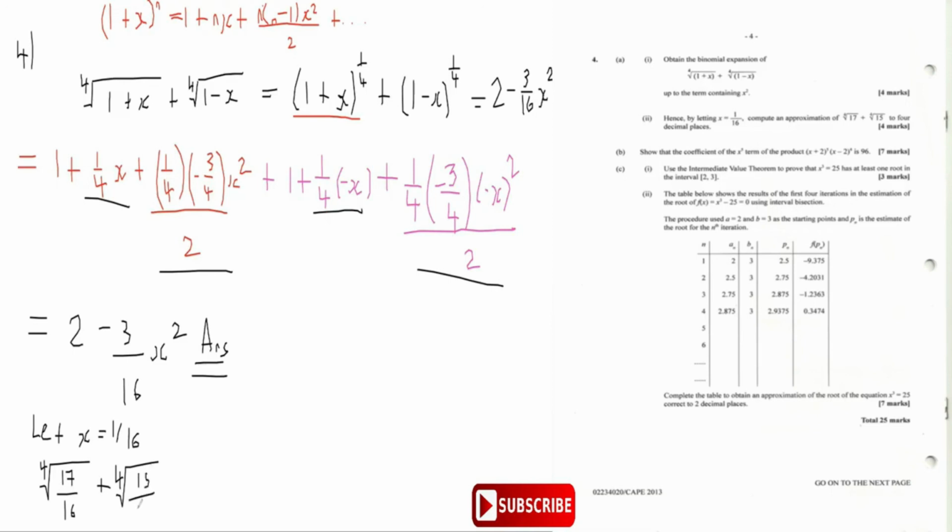And this is going to be equal to, putting in x as 1 over 16, 2 minus 3 over 16 times 1 over 16 squared.